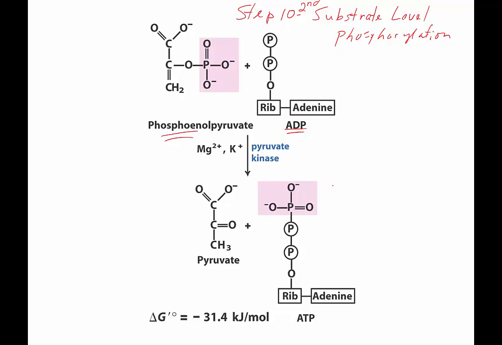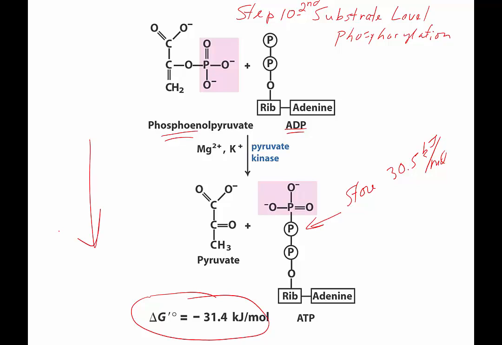So about half of the free energy change is going to be stored in the ATP, right? So here we're going to store about 30.5 kilojoules per mole. And the remainder is going to give us a very large negative free energy change, which helps to drive this reaction forward.